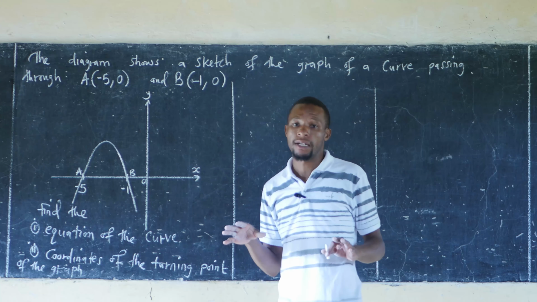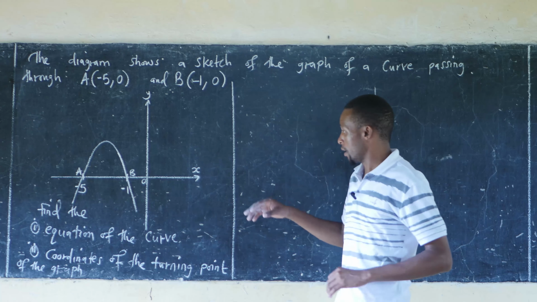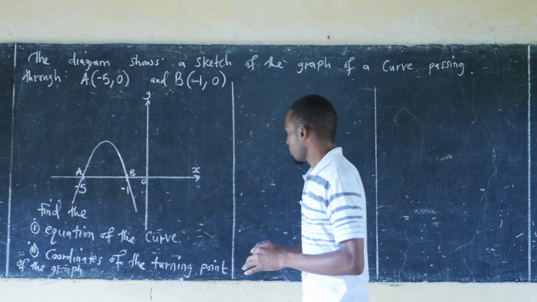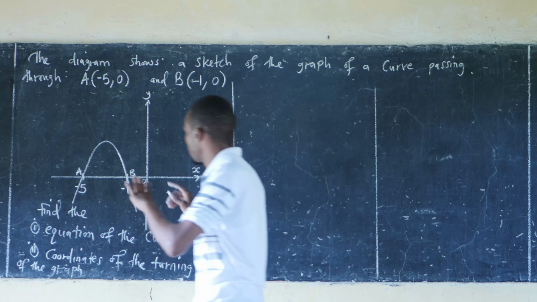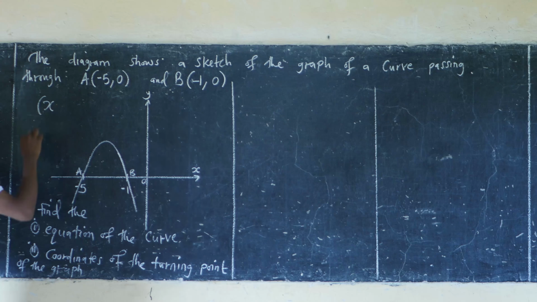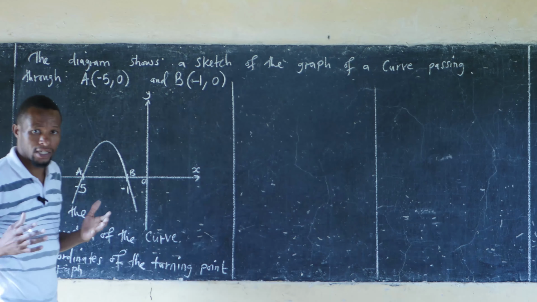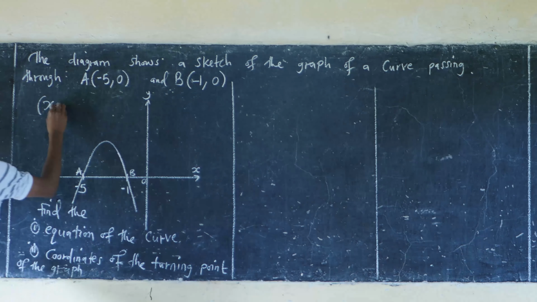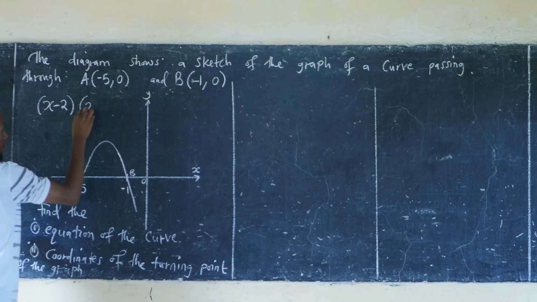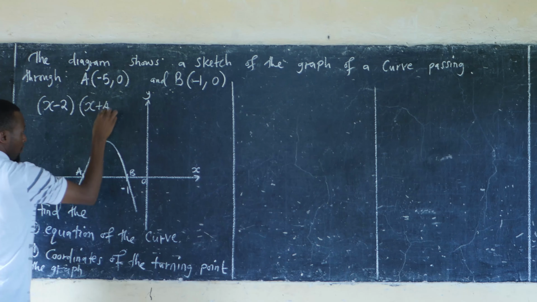Don't start panicking. When you are given x-intercepts, it's direct. Now what I want to explain is this. For instance, after solving your question, you found your factors, say x minus 2, and in the other bracket x plus 4.